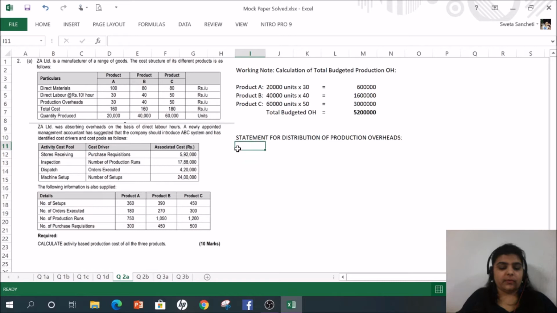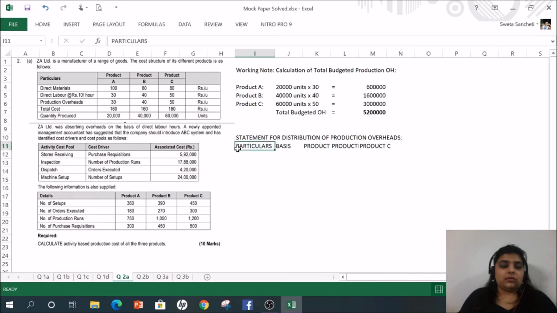So we have particulars, basis, product A, product B, and product C. So our table is ready. Let us start.